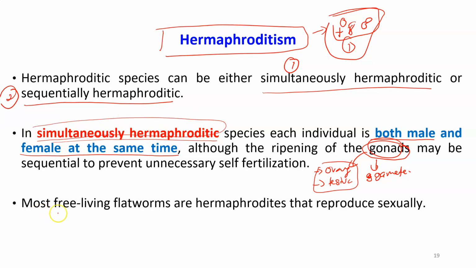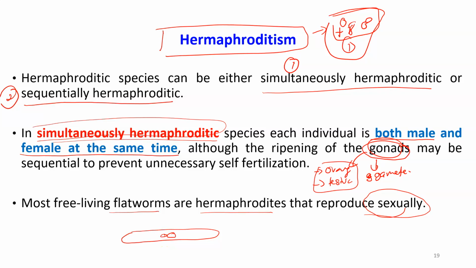Most free-living flatworms are hermaphrodites that reproduce sexually. So you have a flatworm. The flatworm will have both the ovary and testes.